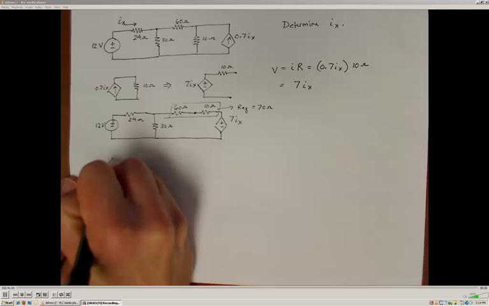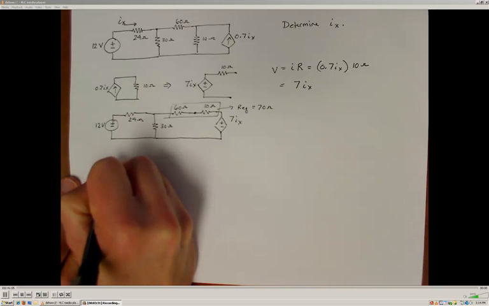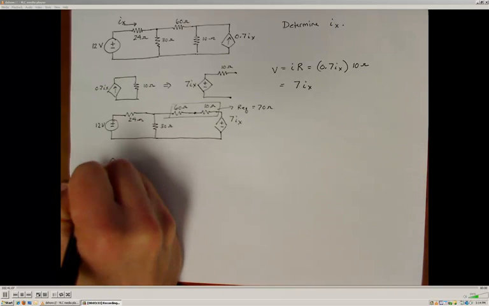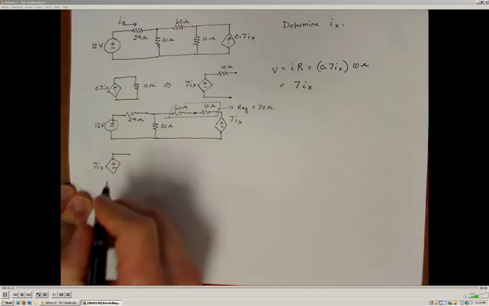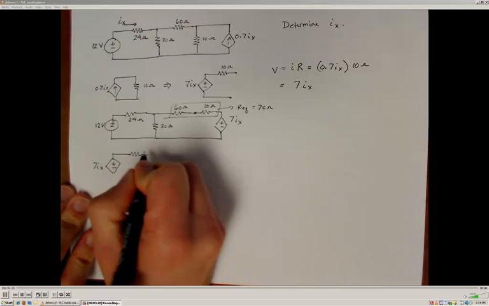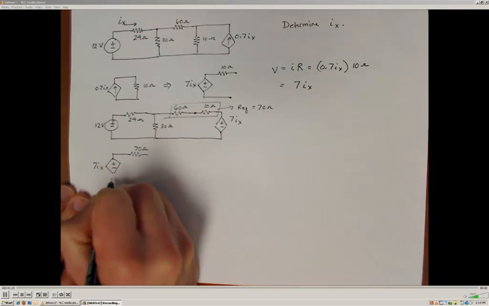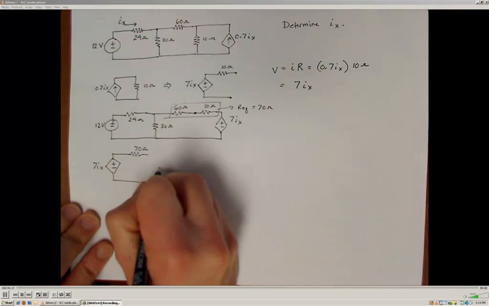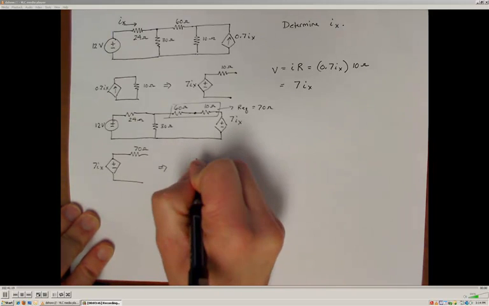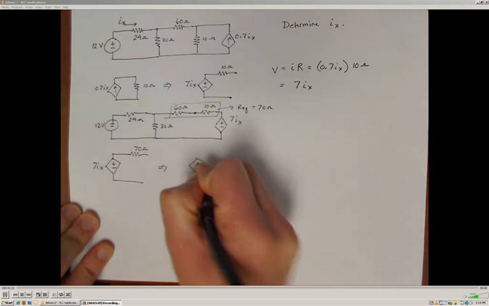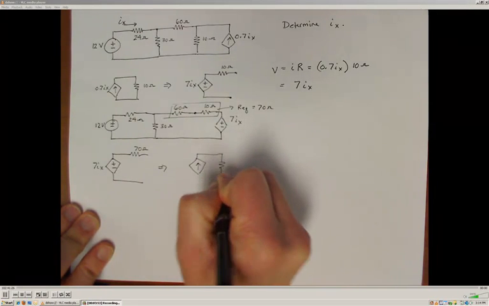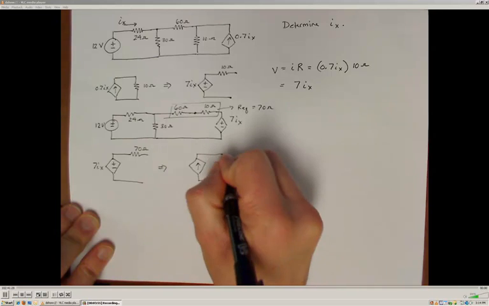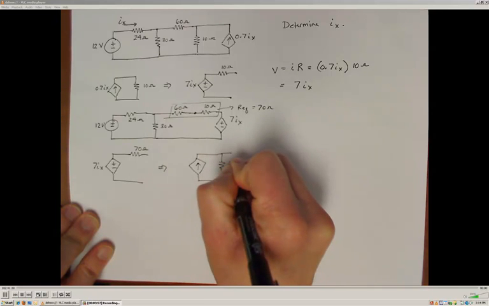That is going to look a lot like a Thevenin circuit, which can be transformed into a Norton circuit. So a 7 Ix dependent voltage supply in series with a 70 ohm resistor can be transformed into a dependent current supply that is in parallel with a 70 ohm resistor.